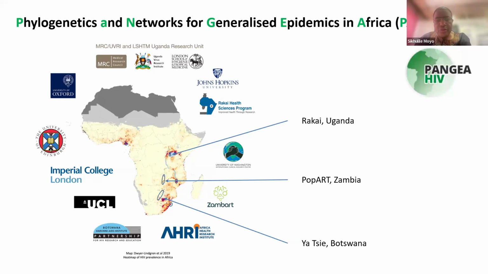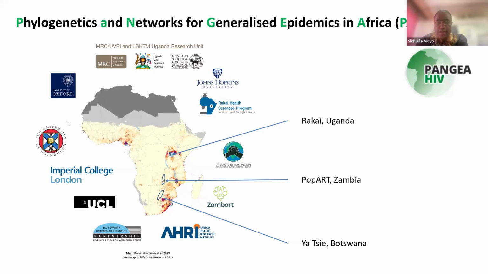The Pangea Consortium is funded by the Bill and Melinda Gates Foundation, and it brings together scientists in Africa and abroad, and institutes in the areas with the highest HIV burden in East and Southern Africa, which you see on the map in red.